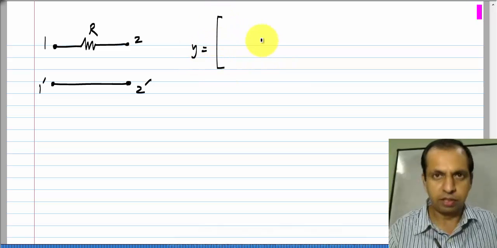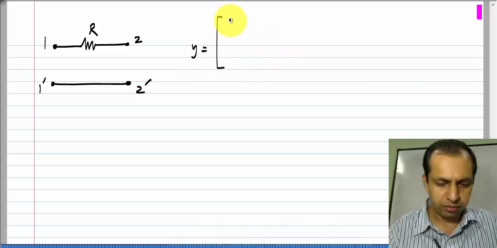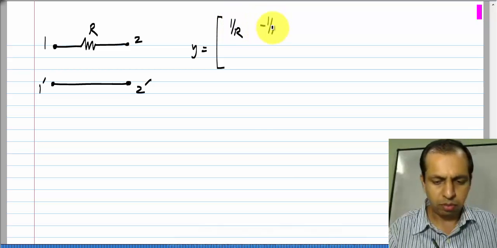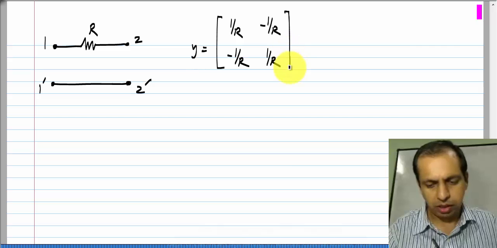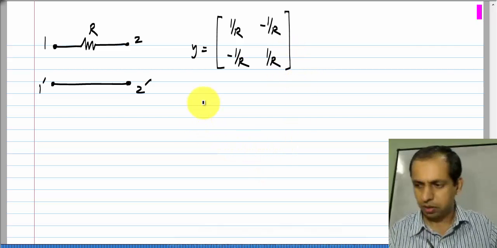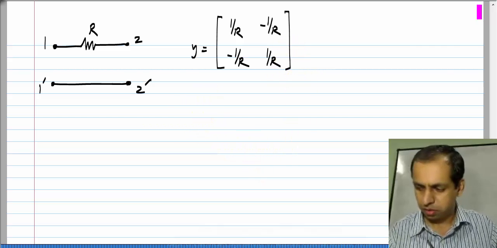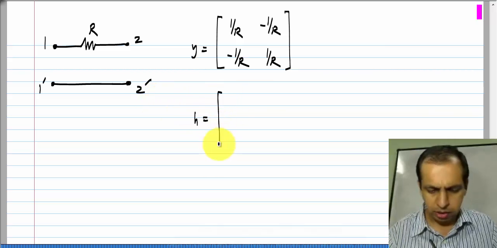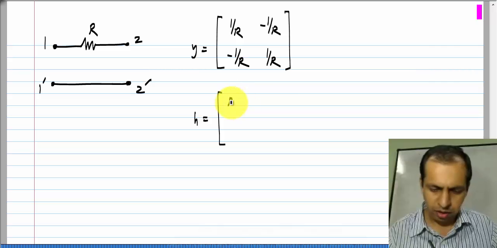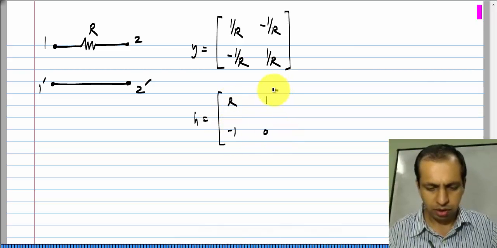Now, you will find that the y parameter set for this will be 1 by r, minus 1 by r, minus 1 by r and 1 by r. The h parameters are r, 1, minus 1 and 0.